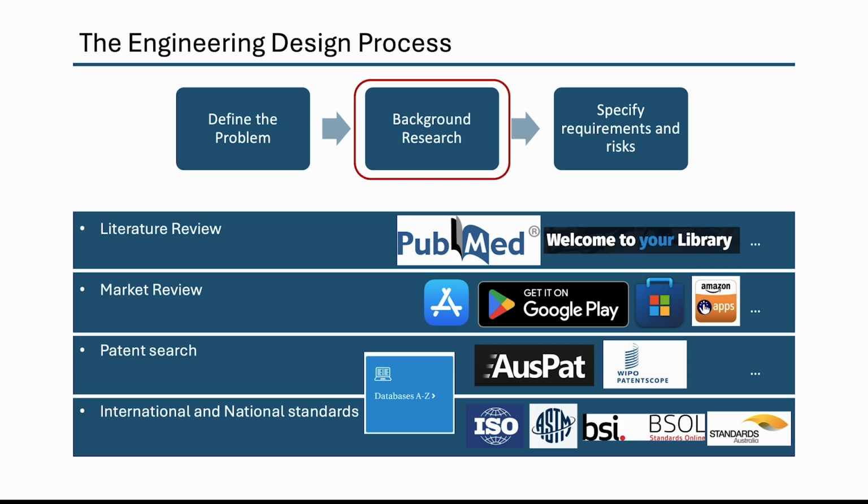So they can be really helpful when you're creating your methods and creating your interventions. And you can go to websites such as ISO, which is international, ASTM, which is America, BSI, which is British, and then Standards Australia as well.